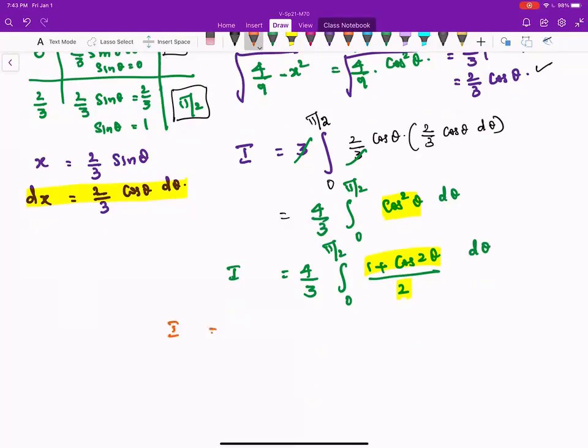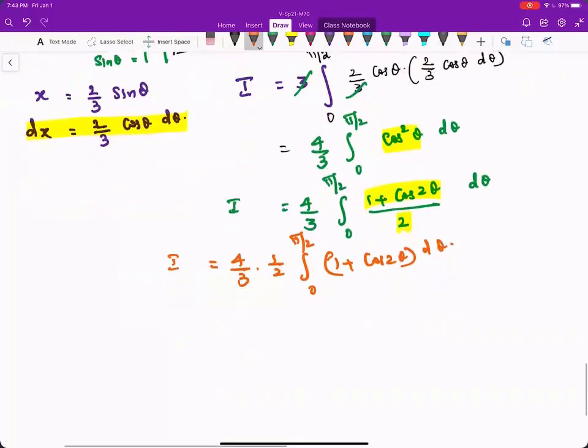So I equal to 4 by 3 times 1/2 integral 0 through pi by 2 of 1 plus cosine of 2 theta d theta. That would be 2 over 3. Now the integral of 1 is theta. The integral of cosine 2 theta is sine 2 theta over 2, between the limits 0 and pi by 2.